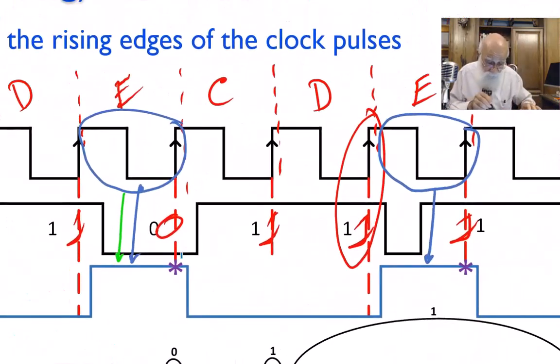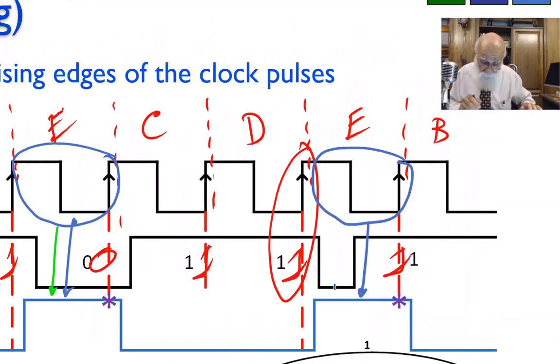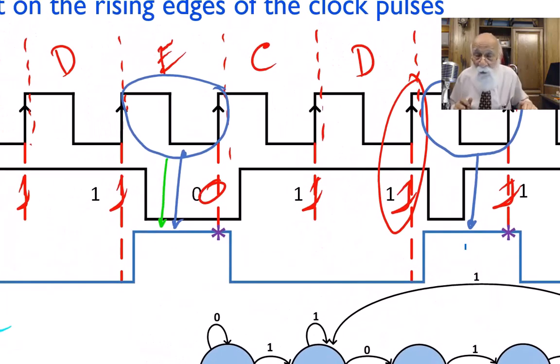I'm not looking right here. When I'm in state E, when my input goes to 0, I don't look at it. I ignore it. My input is only important on the edge of the clock. The same way, I look at my output only on the edge of the clock. And therefore, if you ask me where the places are that the output is 1, I show you the places that I have an asterisk on.